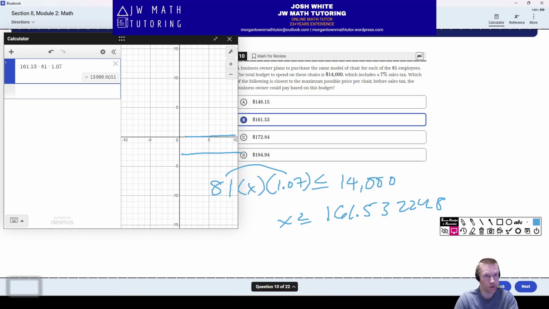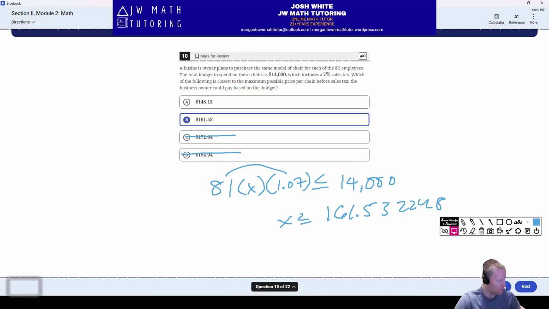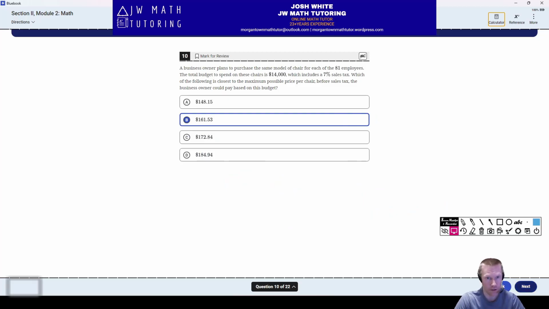You could start with answer choice A and plug everything in as I have it here. It's going to be 148.15. And then C, is that less than 14,000? Yes. Move on to B. You probably then would not even need to check C because notice how close this is to 14,000. It's like 19 cents less than it. So that would pretty much tell you that B is the correct answer.